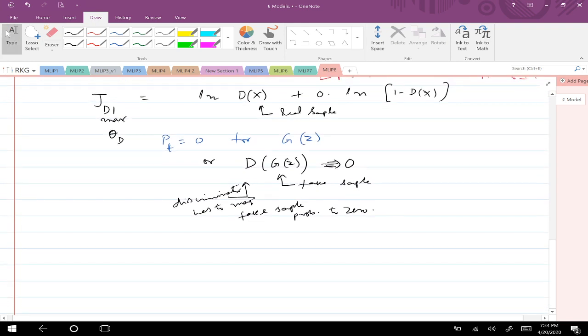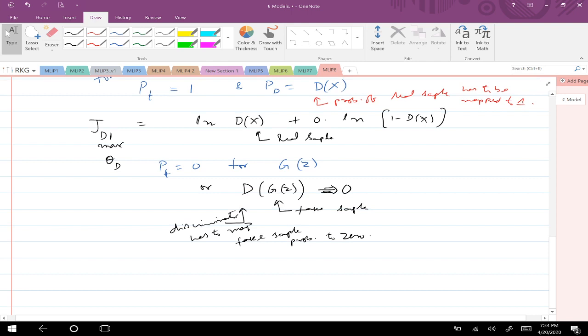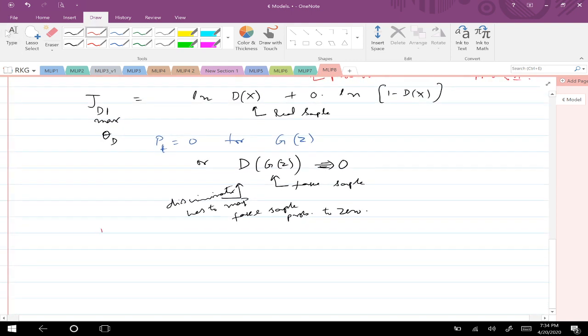Given these two objectives, I am writing p of t only for this particular instance. Now, how do I write J D 2, the other objective of this discriminator? It is ln of d of g of z into 0 plus 1 into ln of 1 minus d of g of z.